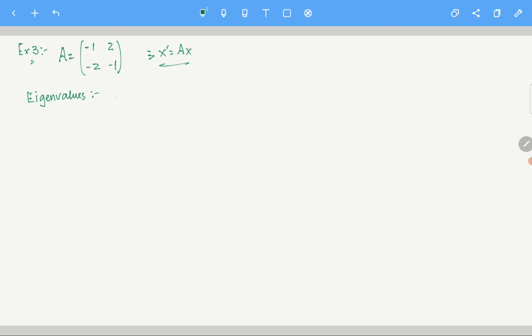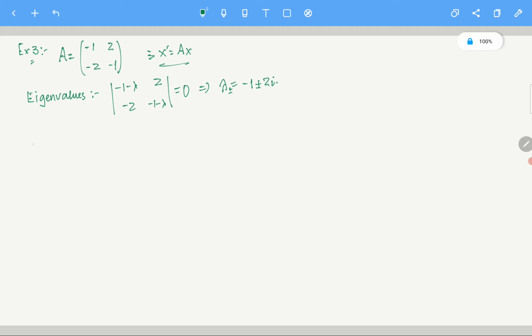So the determinant of minus 1 minus lambda, 2, minus 2, minus 1 minus lambda is going to be 0. If you calculate it, you get minus 1 plus minus 2i. One eigenvalue is complex and the other is its complex conjugate. I am just writing it as lambda plus minus.